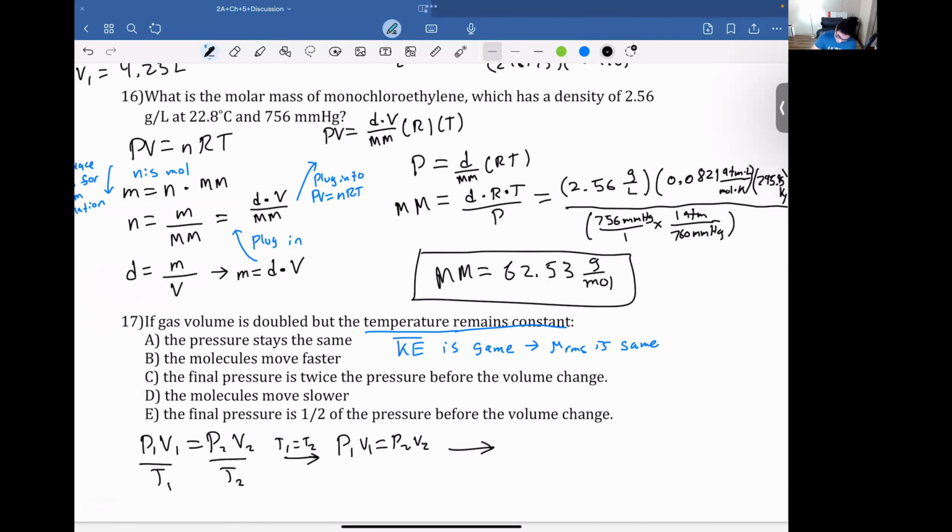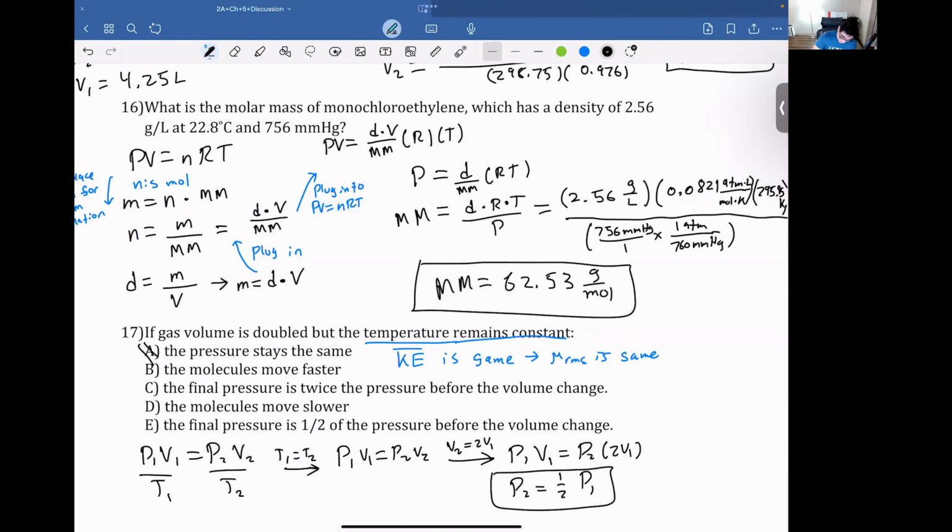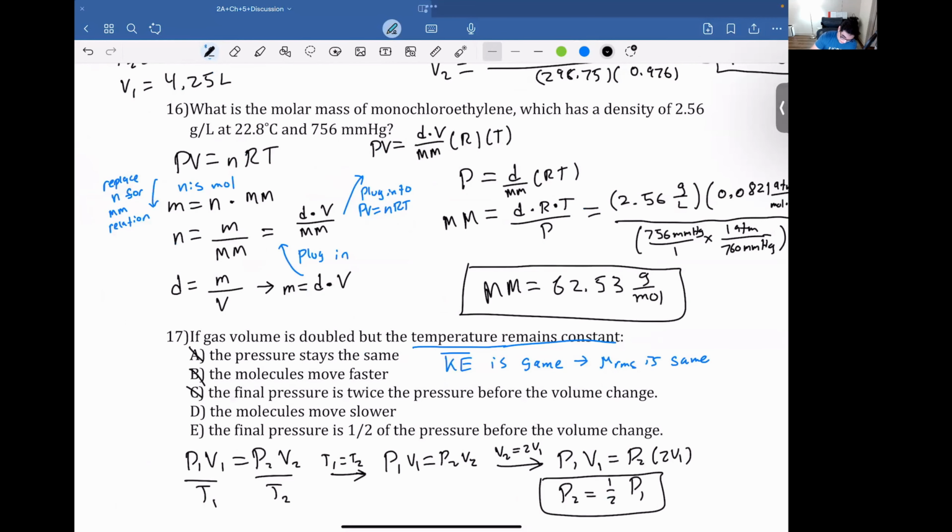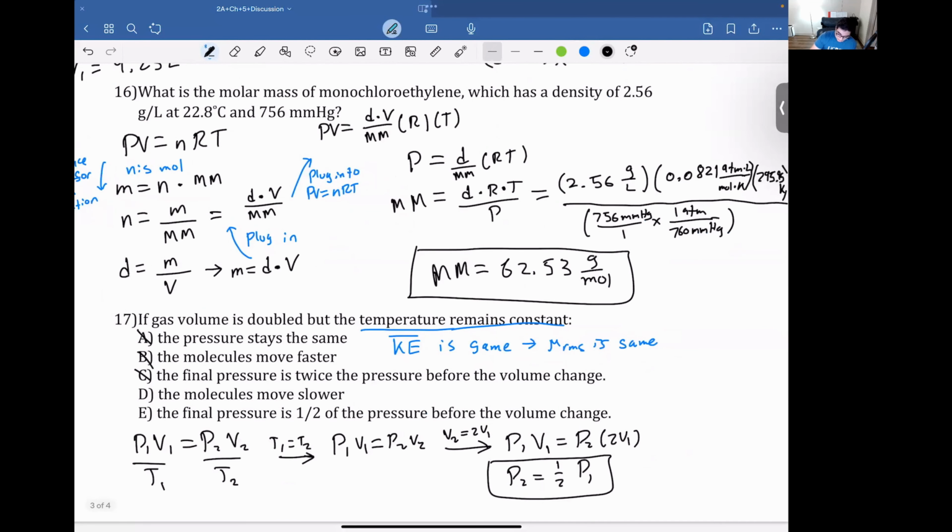I think we actually saw this before. And it should have the pressure. So the pressure does not stay the same. Molecules do not move faster. The final pressure is not twice the pressure before the volume change. It's half. Molecules do not move slower. It is 1/2.